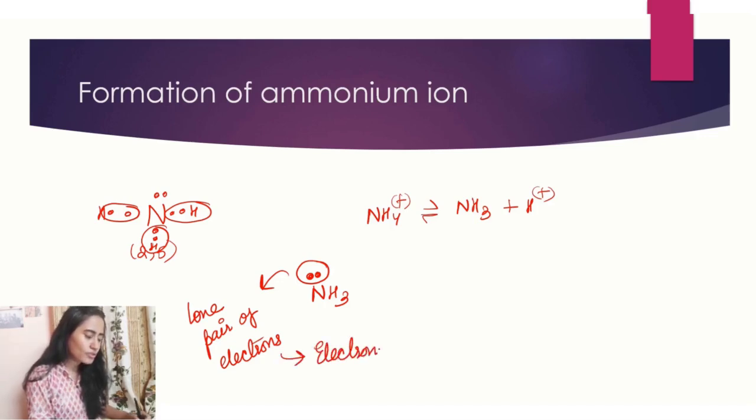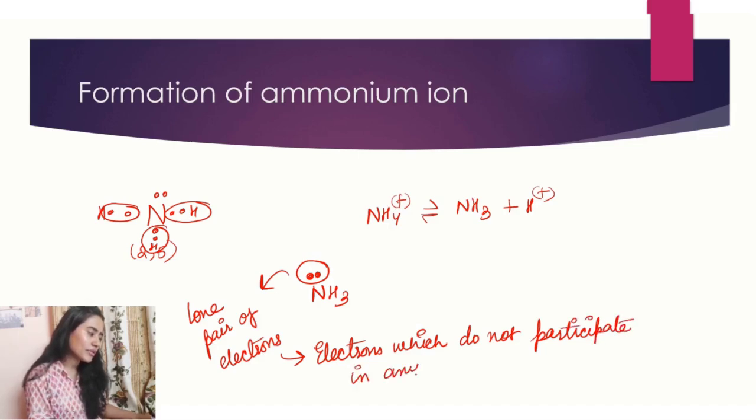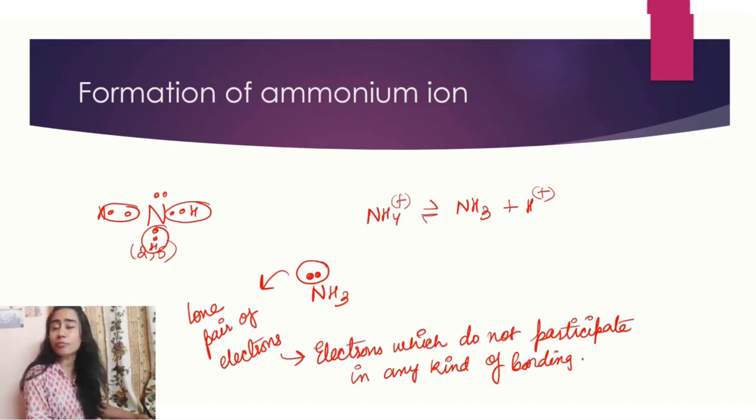The electrons which do not participate in any kind of bonding are known as lone pair of electrons. So they are not involved in bonding, right?